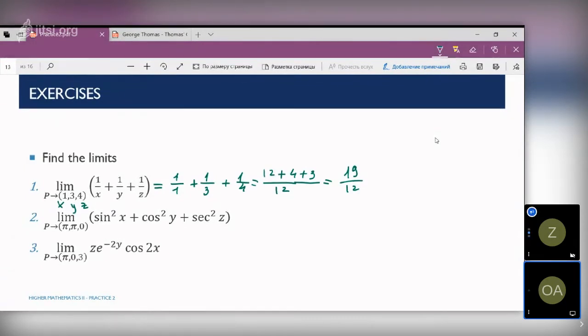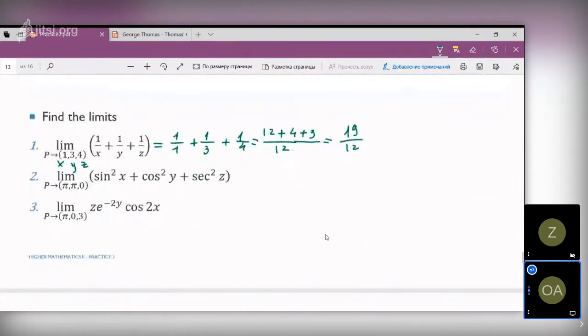Yes, 19 over 12. First one is correct. Yeah, it's correct. And second and third exercise, you have to solve like this.